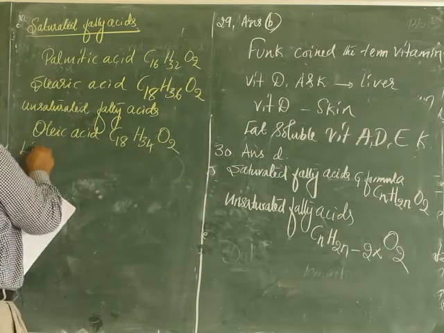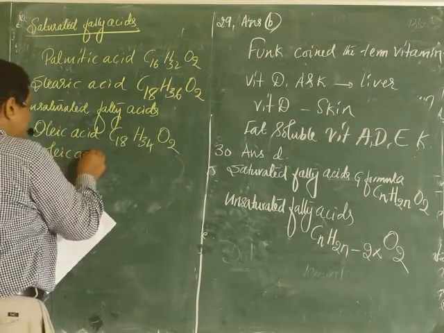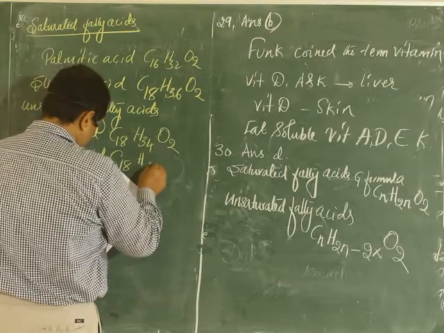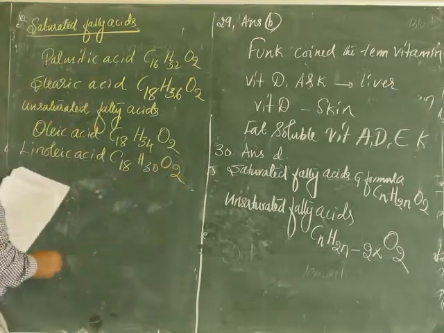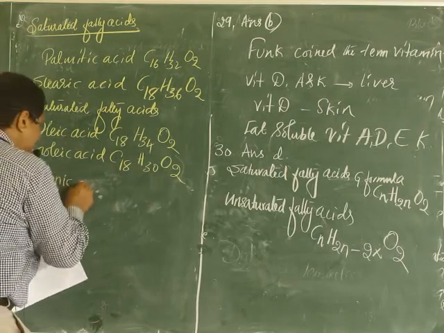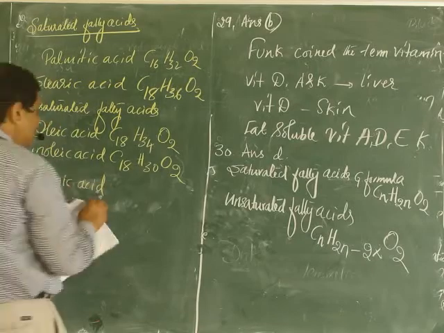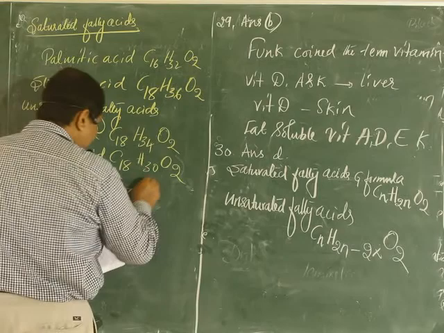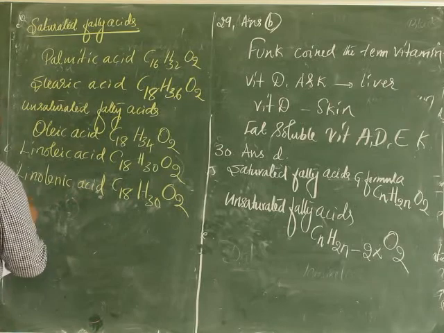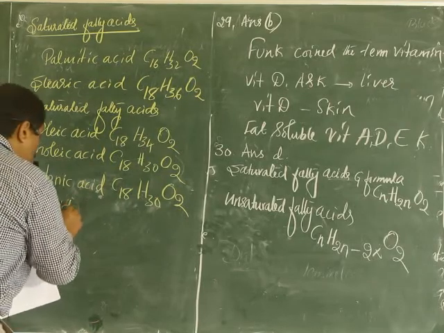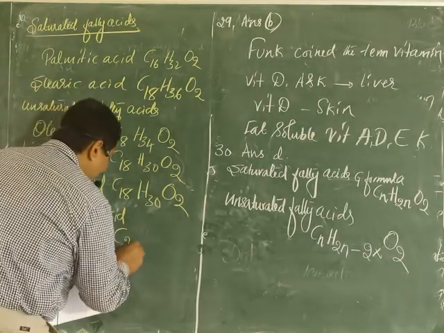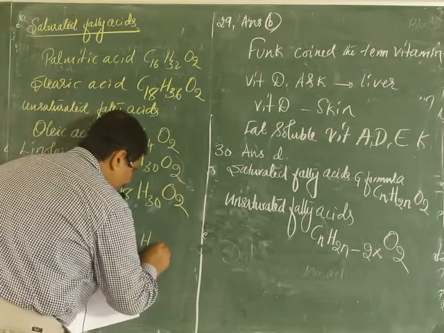Then linoleic acid, and it is C18H32O2, and linolenic acid, C18H30O2, and arachidonic acid, it is C20H32O2.